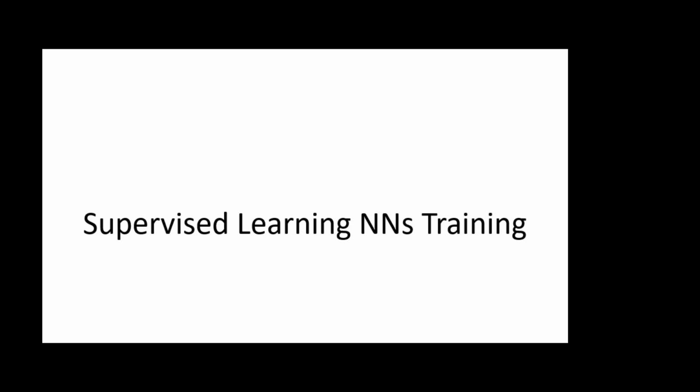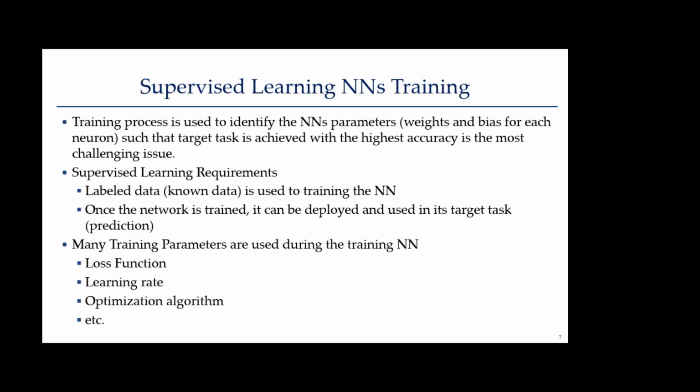Let's go into more details about supervised learning. The purpose of the training process is to identify the neural network parameters, which are the weights and bias for each neuron, such that the target activity is achieved with the highest possible accuracy.